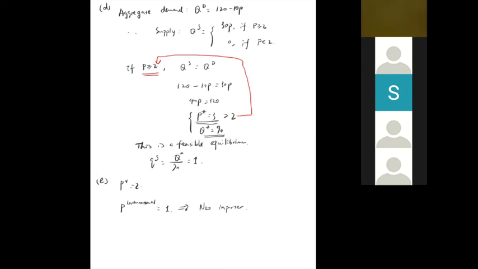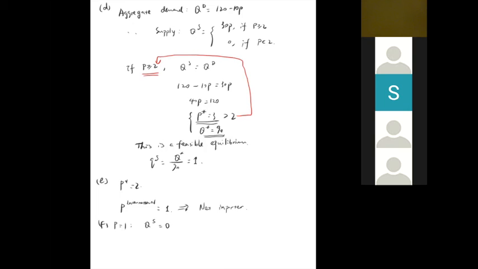And part F, what is the domestic demand, domestic supply, and amount of imports or exports with trade? So at price equal to 1, going back to our supply function, if P is smaller than 2, firms will stop producing and shut down.